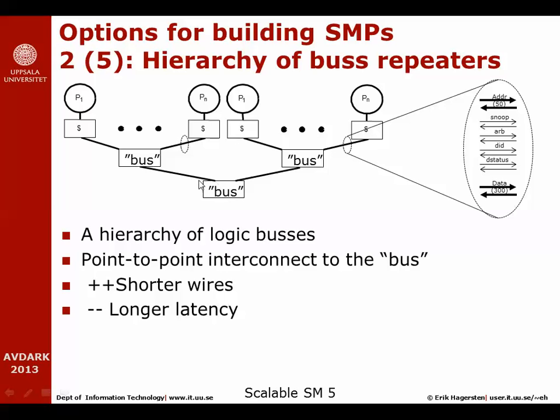From that point in time, that information has to be synchronously sent down to all the caches, so they can take action and snoop and produce snoop results, and tell if they have the cache line in dirty state, and so on. So we still have all that snoop mechanism taking place. It's only that we add latency with this hierarchy of logic buses.